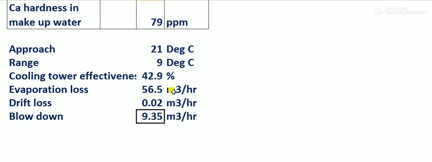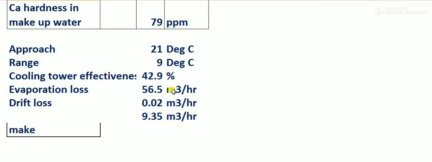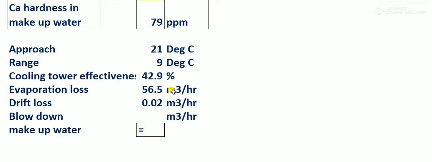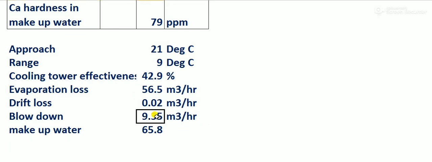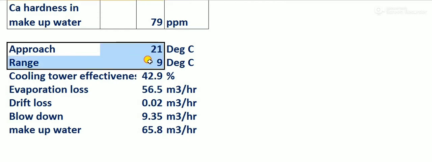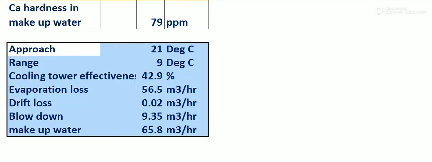That is blow down. So makeup water requirement is equal to all three together: evaporation loss plus drift loss plus blow down loss. All three together give 66 meter cube per hour. So it is our makeup water.